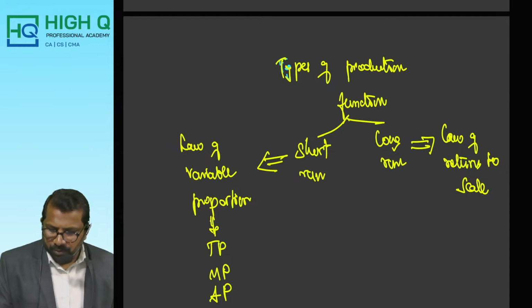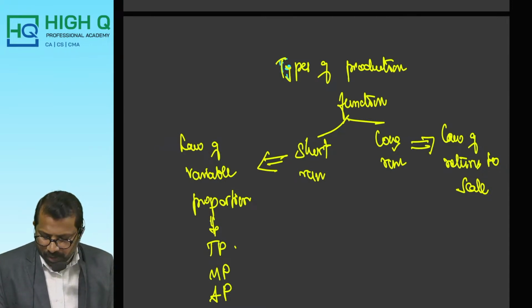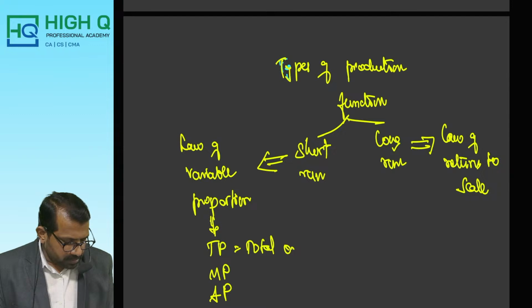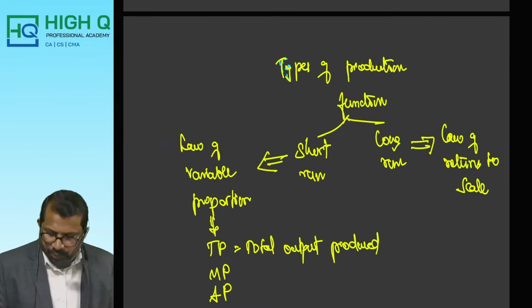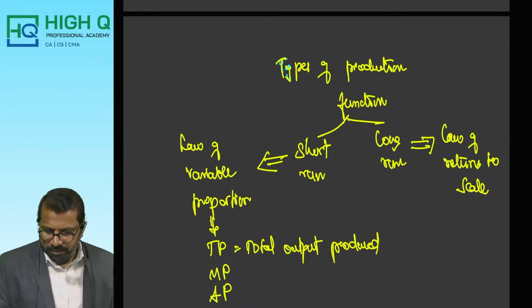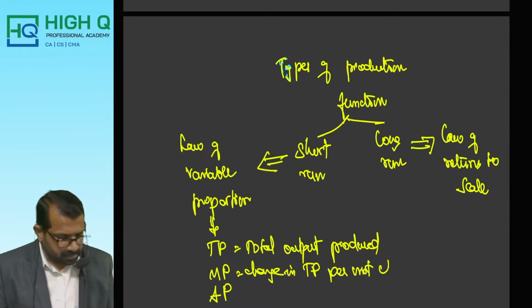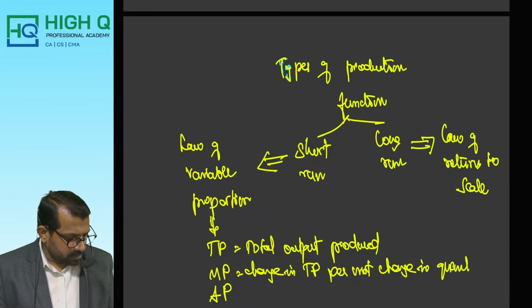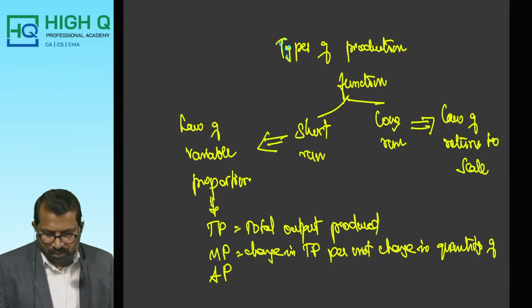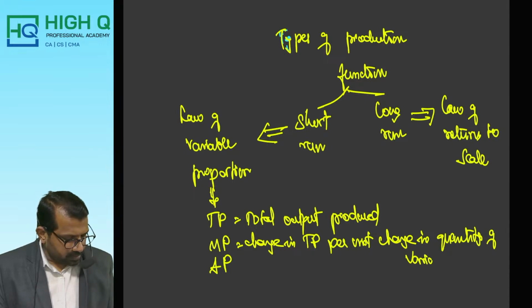Total product is the total output produced. Marginal product is the change in total product per unit change in quantity of variable factor.